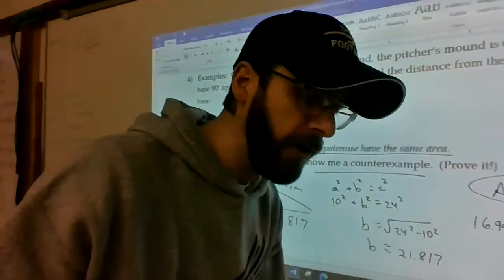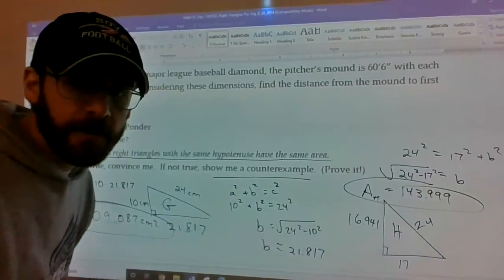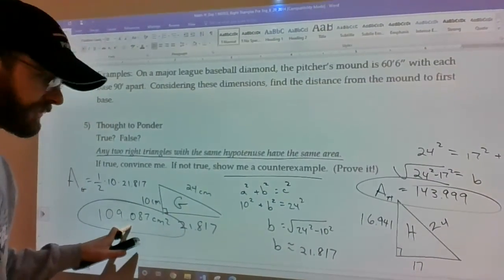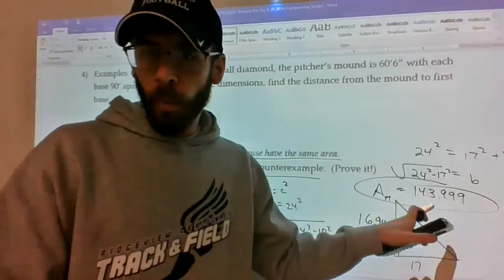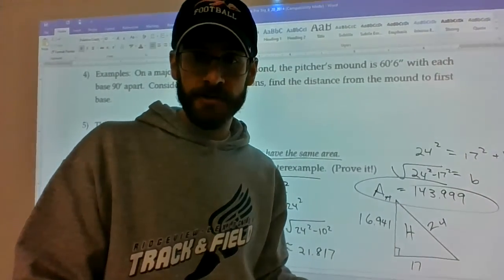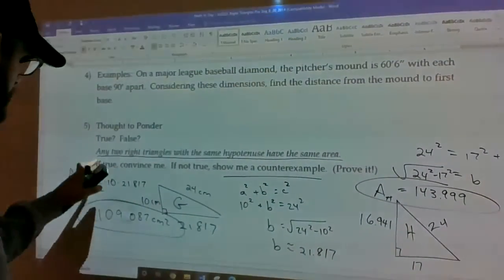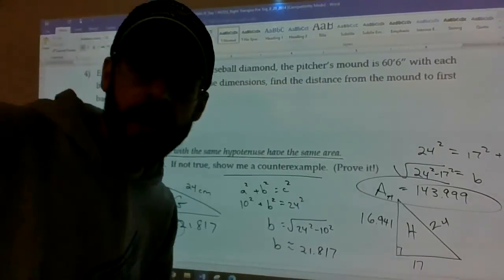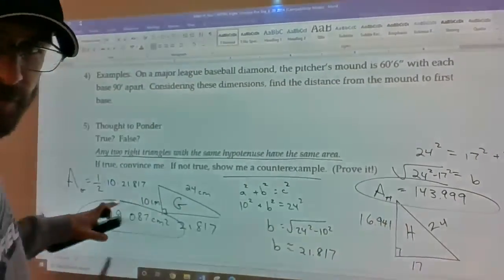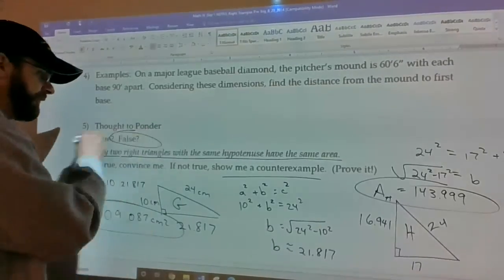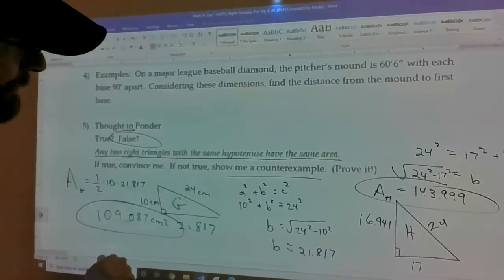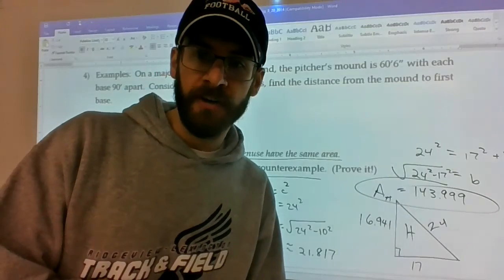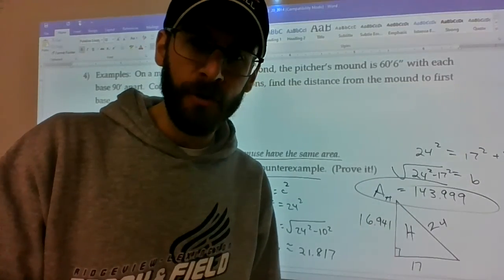Whoa, don't fall off now. 109 square centimeters, 144 square centimeters. Any two right triangles with the same hypotenuse have the same area? No! We just found two of them that don't. False. That's my counterexample, and that concludes the notes for 5.1. Thanks for sticking it out for the whole 22 minutes.